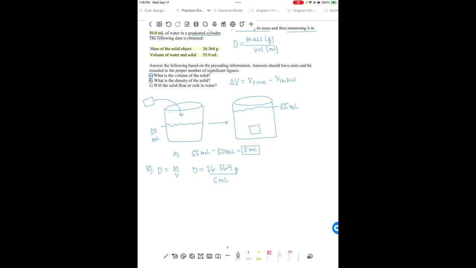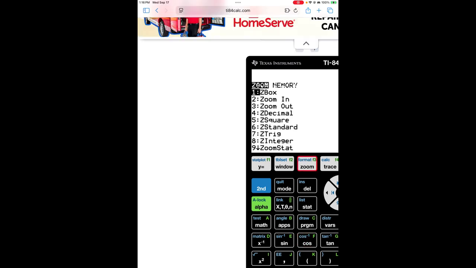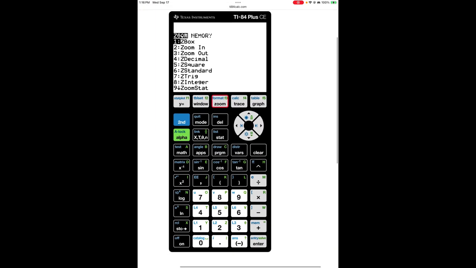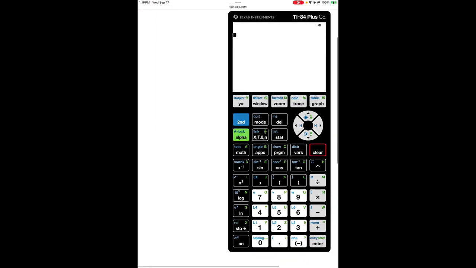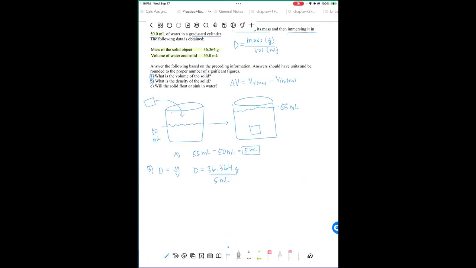Okay, let's go over to our calculator and let's see. Oops. Okay, sorry guys. Oh no. Okay, so we have in parentheses 36.364 divided by 5.0, and we get 7.2728.